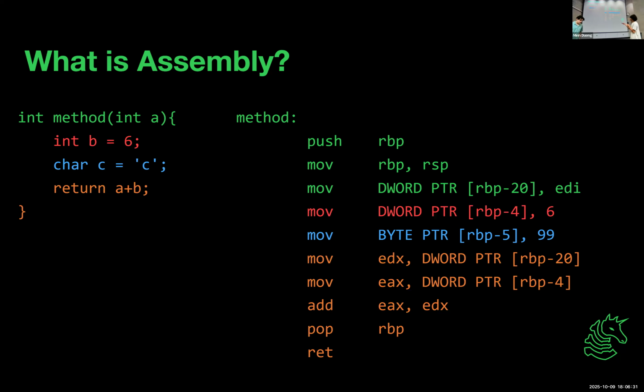On the left here, you can see a simple C program. What this is doing is just taking in an input, and then it's returning 6 plus that input. And if you look at the assembly, you can see that it's a lot longer.